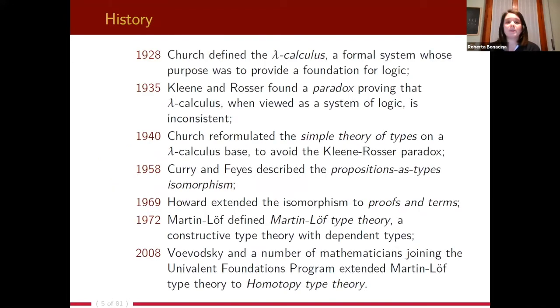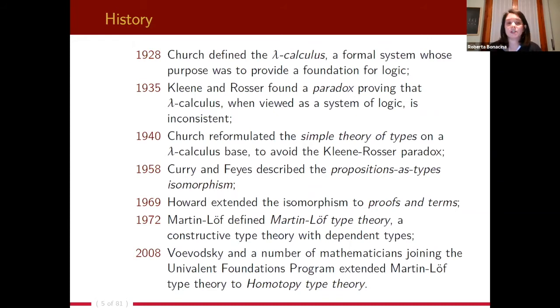So starting from the history, in 1928, Church defined the Lambda calculus, which is a formal system whose purpose was to provide a foundation for logic. But a few years later, two of his students, Kleene and Rosser, found a paradox, and they proved that when the Lambda calculus, which is a system per se, is seen as a system of logic, then it is inconsistent.